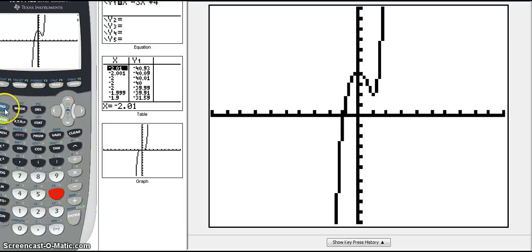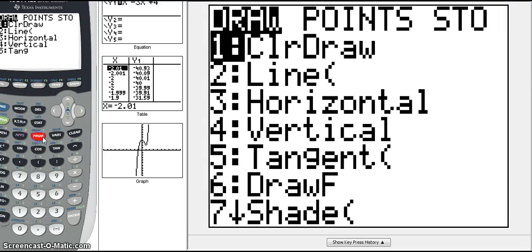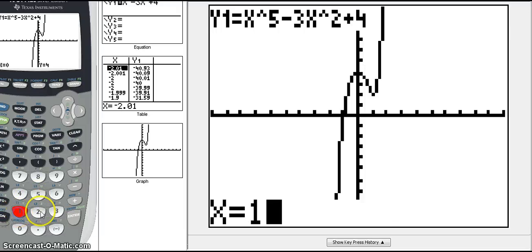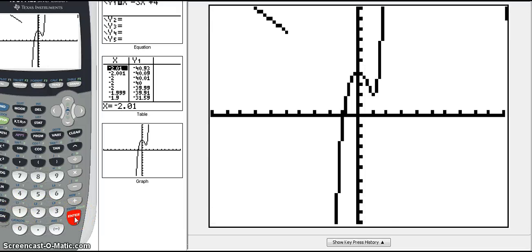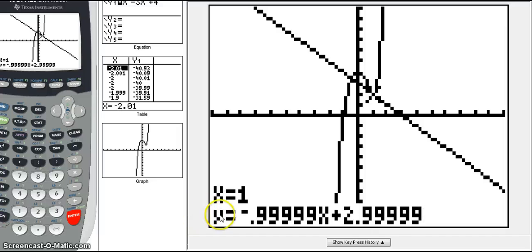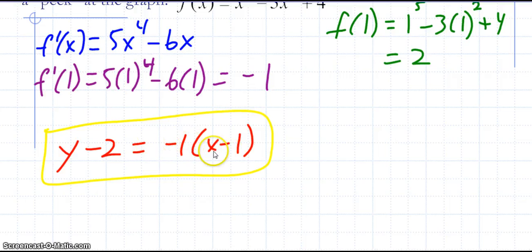Alright, so I can graph it, and then I already showed you how we can do second draw, and then tangent, and then we want to do it when x is 1, so we hit enter, so it draws us the tangent line, it gives us the equation negative 1x plus 3 in slope-intercept form. So if we had simplified our version here and wrote it in slope-intercept form, that's what we'd end up with.